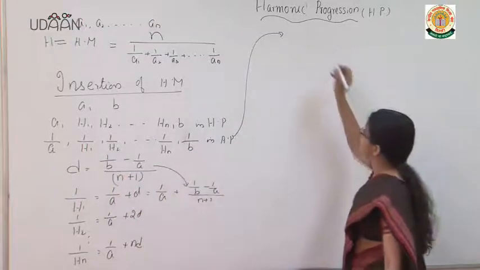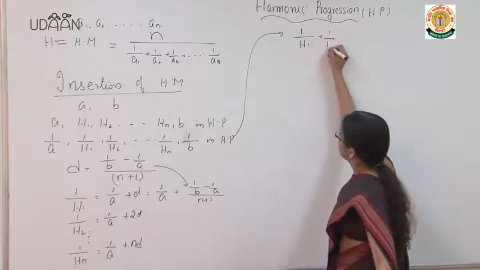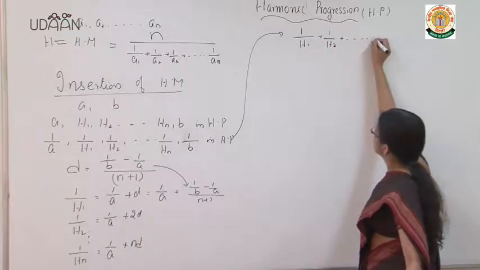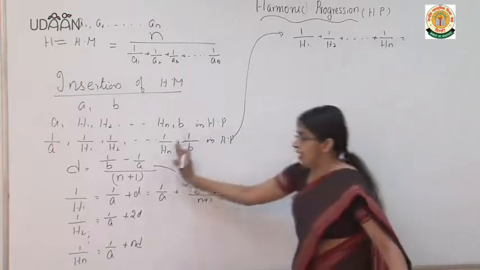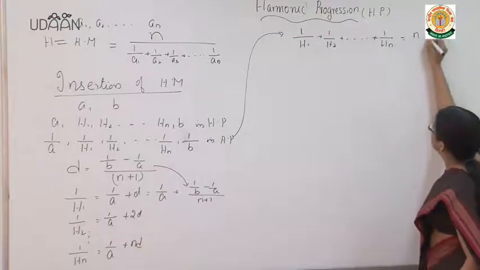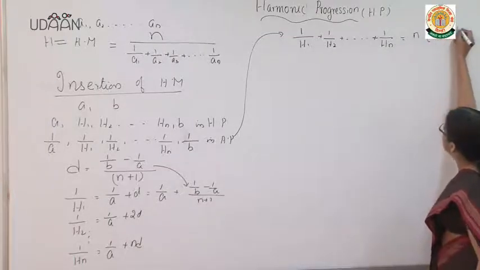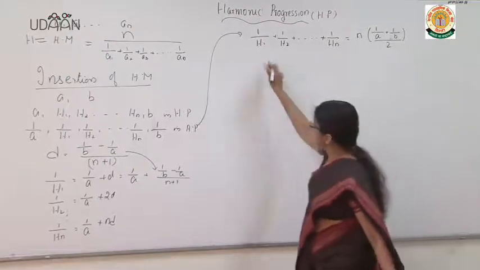I am going to apply that property. So here 1 by H1 plus 1 by H2 plus etc., 1 by Hn, sum of n means equal to n times the single arithmetic mean between 1 by A and 1 by B. Is that clear?